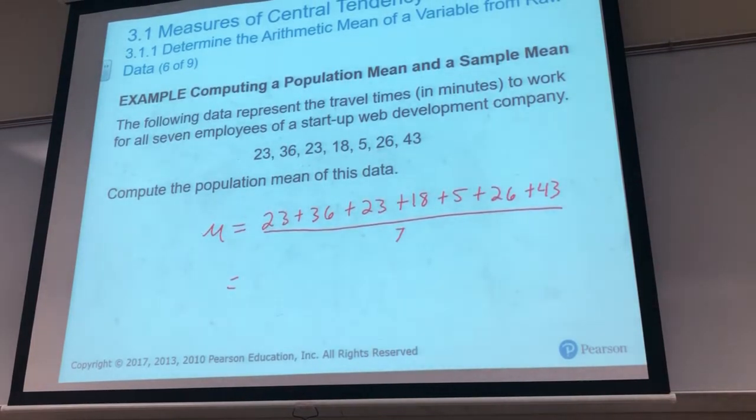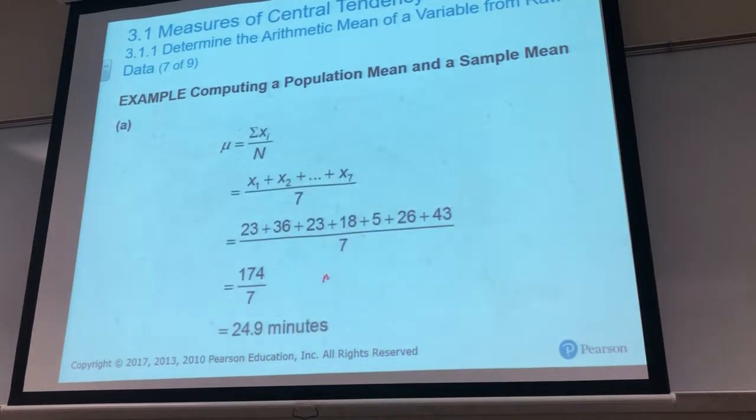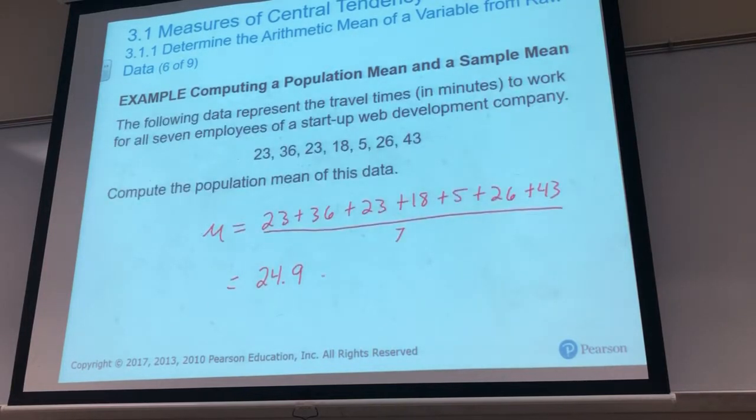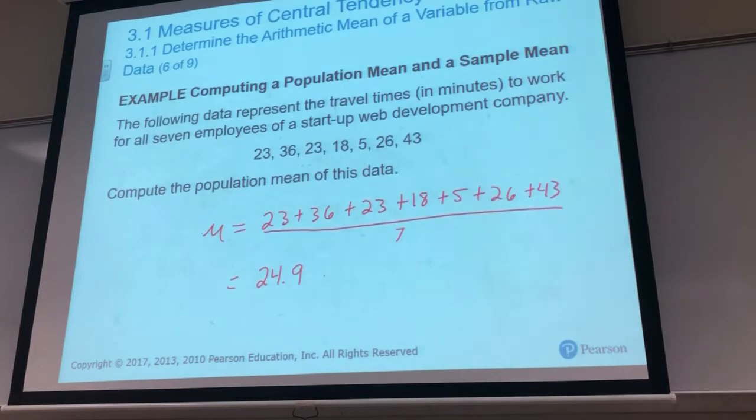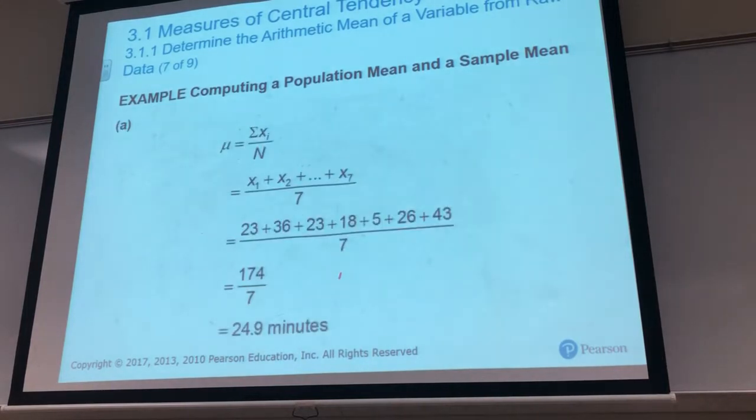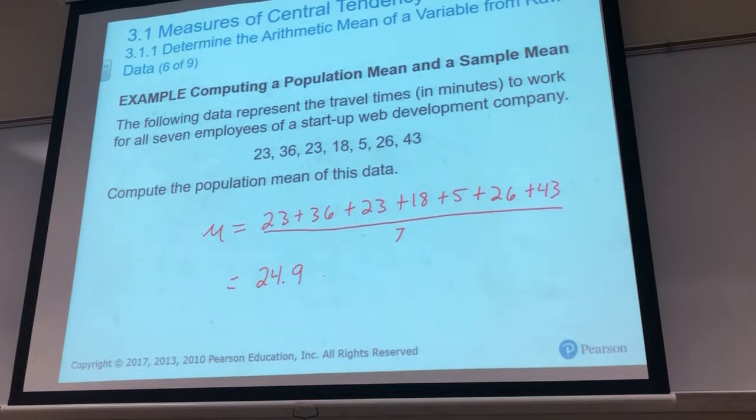So when I do that in my calculator, I get 24 point, I'm just going to round it to 9. So 24.9 minutes is what it's supposed to be.